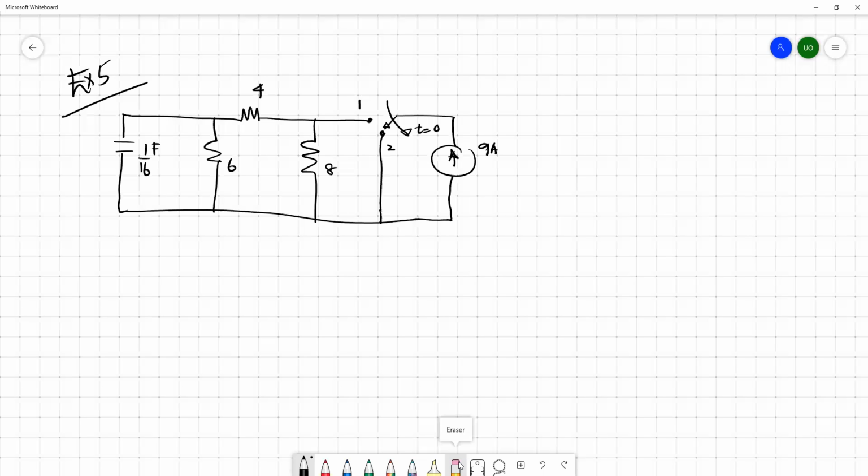Okay. So this exercise describes the circuit. The circuit is in steady state at t equals 0 minus, which means just before this switching happens.